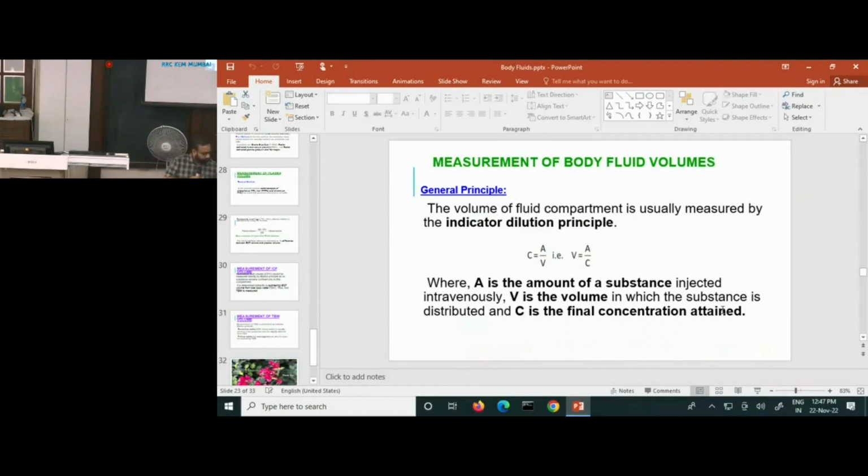Suppose this is water, right? If I mix 10 grams of normal salt in this bottle, and the concentration is 0.1 gram per liter after some time, then what is the volume of the water inside this bottle?